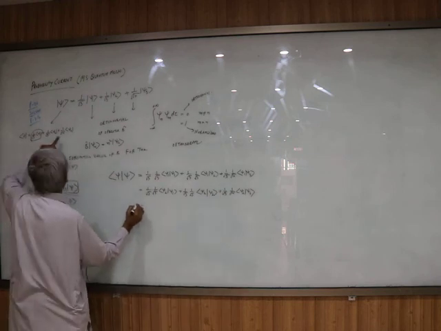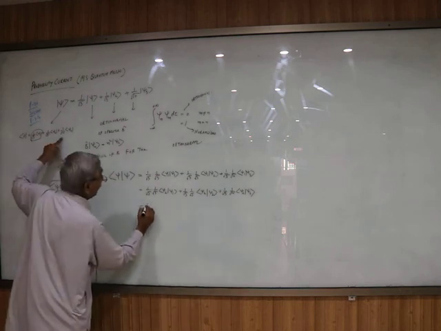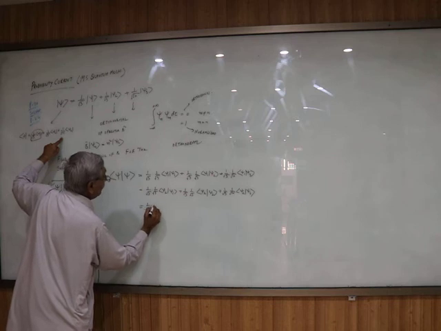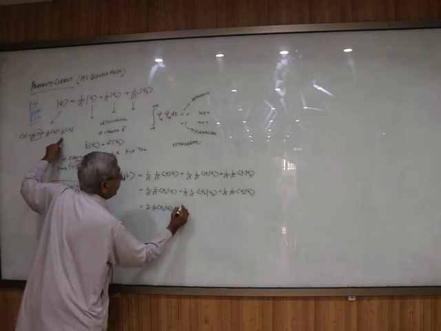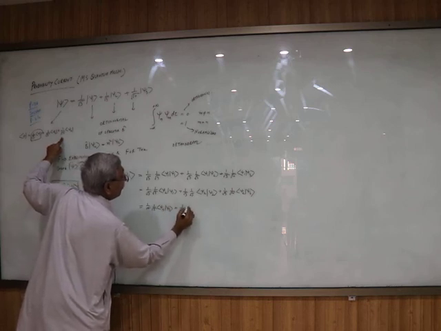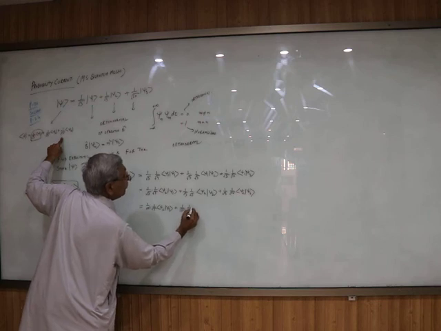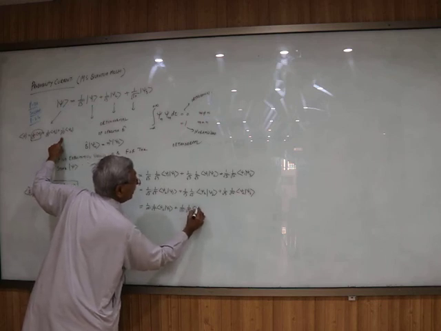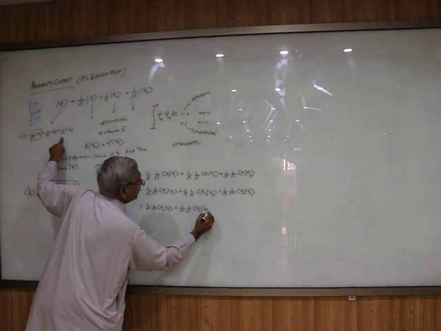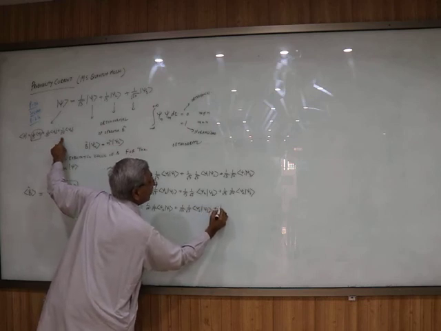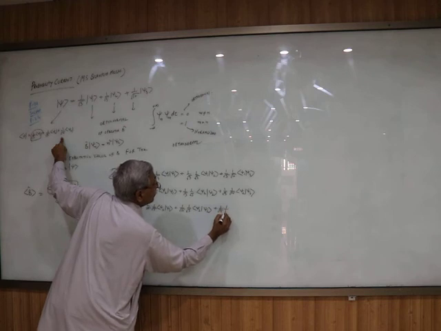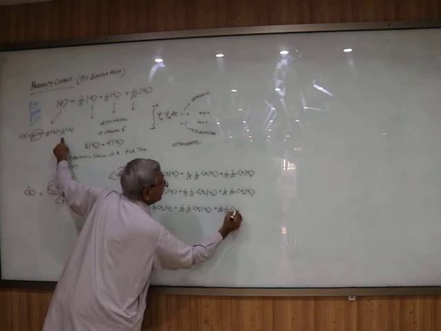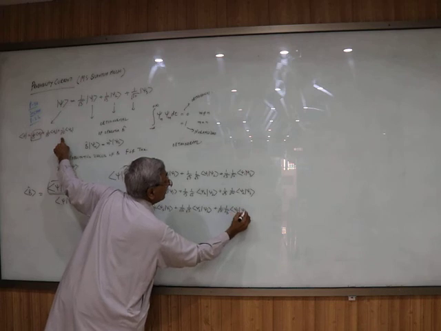And similarly the last one: 1 over square root of 10 times 1 over square root of 3 psi 3 psi 1, plus 1 over square root of 10 times 1 over square root of 3 psi 3 psi 2, plus 1 over 10 psi 3 psi 3.